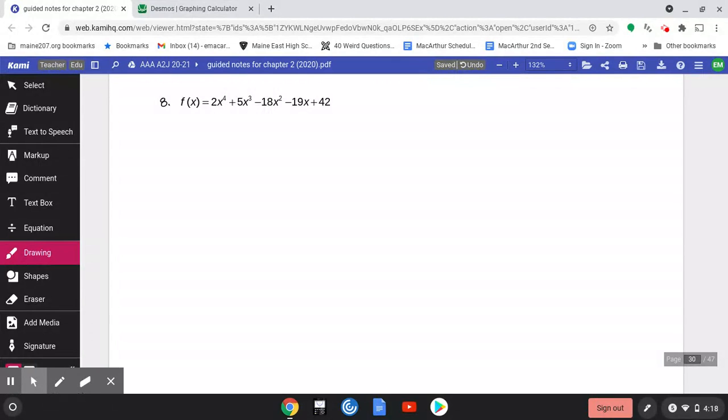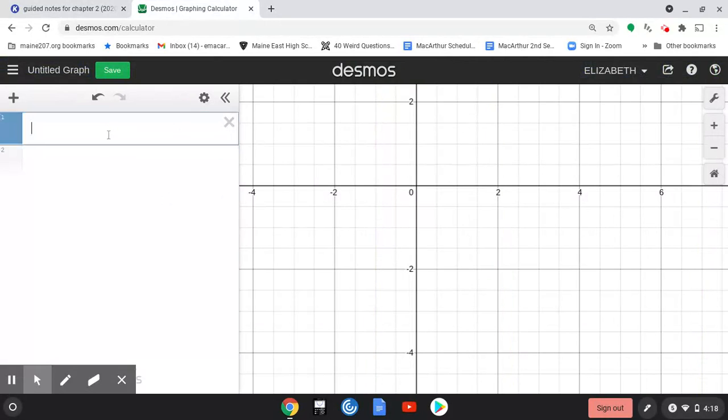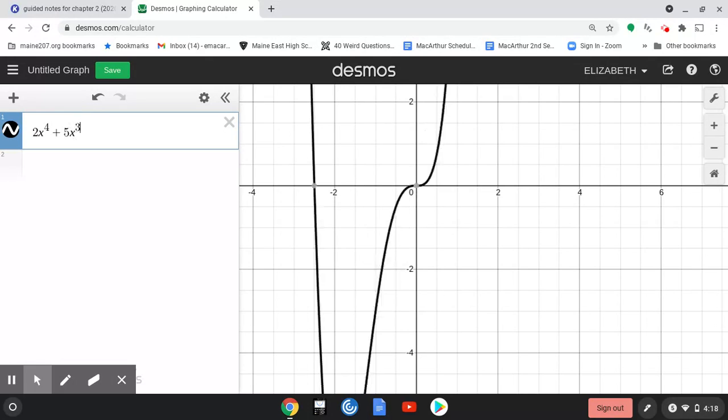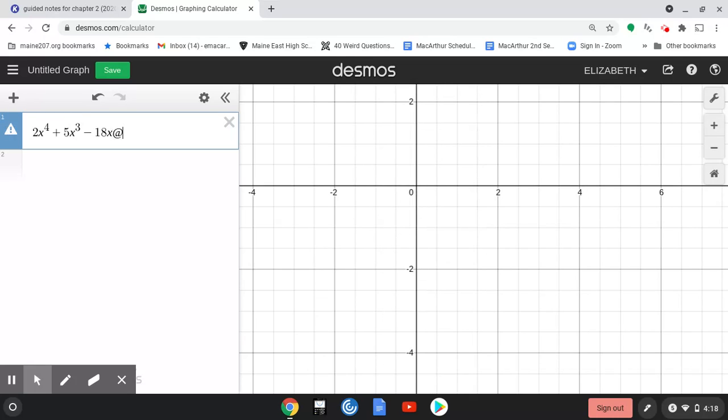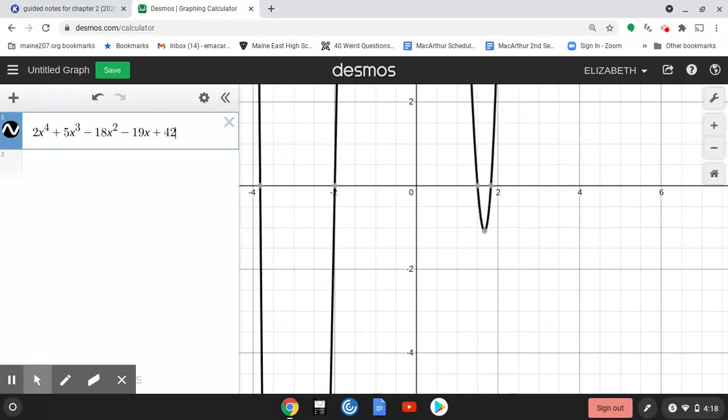So when we graph this, we are going to have a different shape than we've seen. 2x to the 4th plus 5x cubed minus 18x squared, oh, that's not x squared, so 18x to the 2nd. There we go. Minus 19x plus 42.